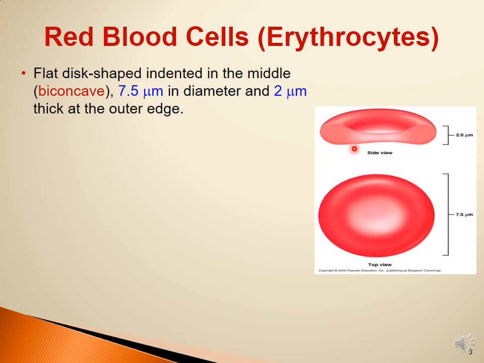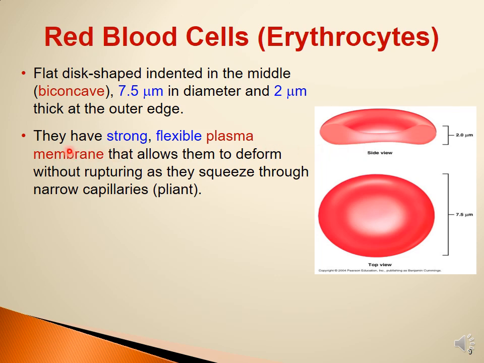Is it important to have this shape for red blood cells? Yes, of course. This shape is very important for their function. They have a very strong, flexible plasma membrane, and this flexibility is very important to allow the red blood cells to squeeze or deform themselves when they pass through the very narrow capillaries that have a diameter of 2 to 3 micrometers.